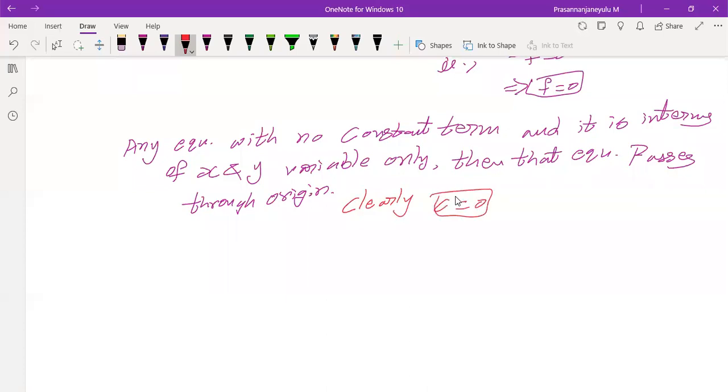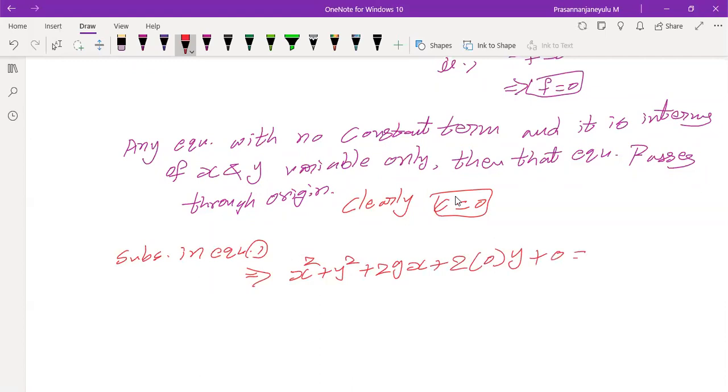Substitute these values in equation number 1. What is equation number 1? x square plus y square plus 2gx plus 2f into y plus c equals 0, where f is 0 and c is 0. So finally what we'll get? x square plus y square plus 2gx equals to 0.